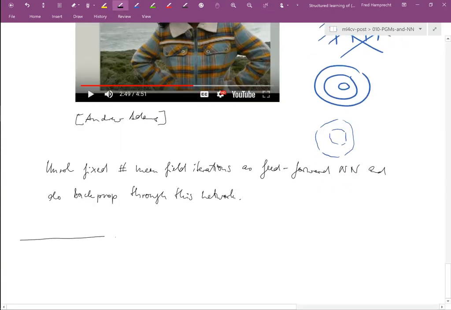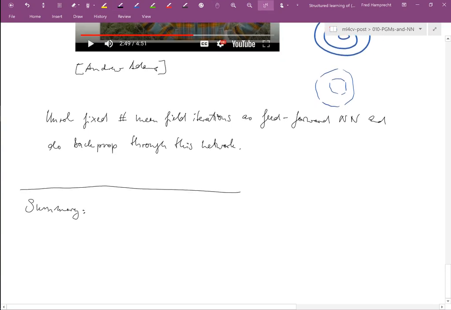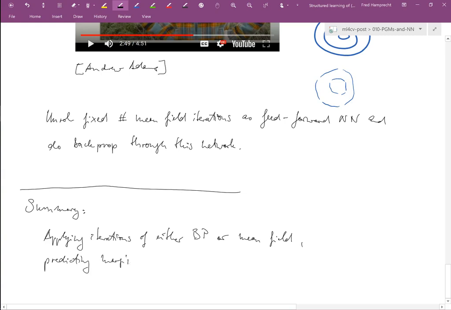So to summarize all of the above, applying iterations of either belief propagation or mean field, and then predicting marginals from these, and finally the loss, are all differentiable operations.